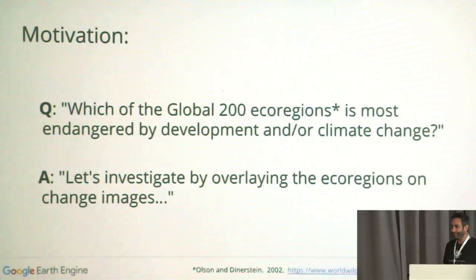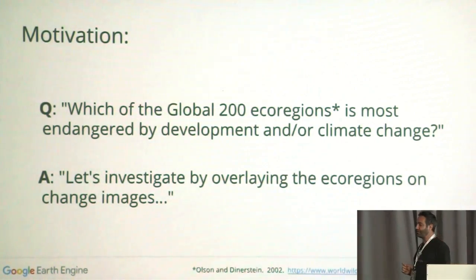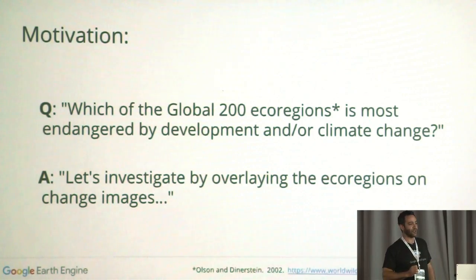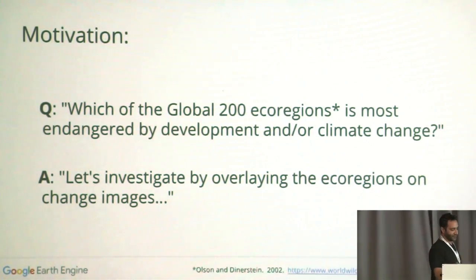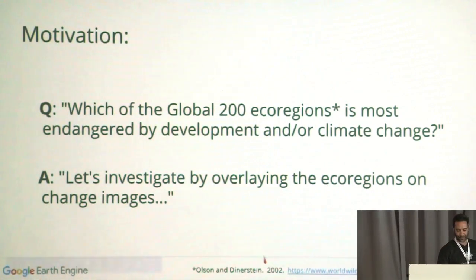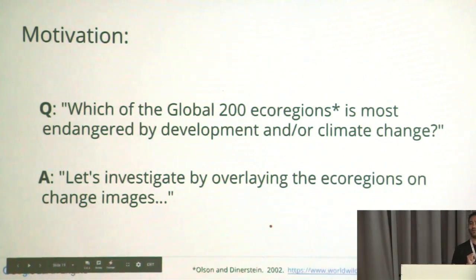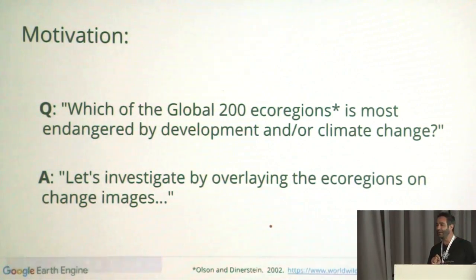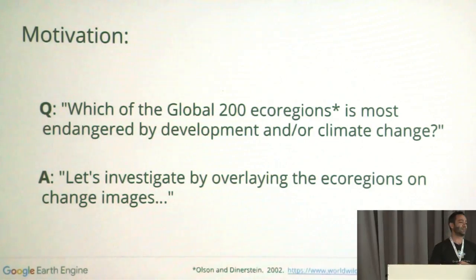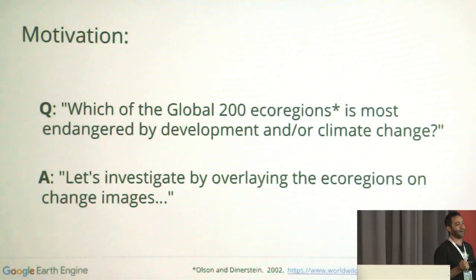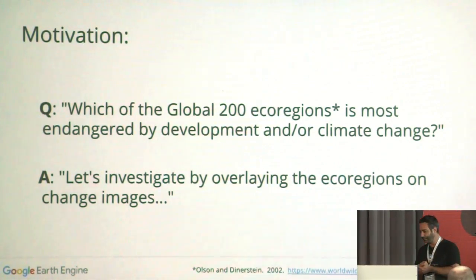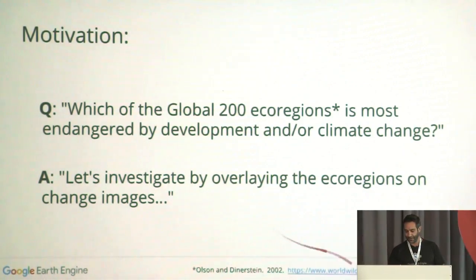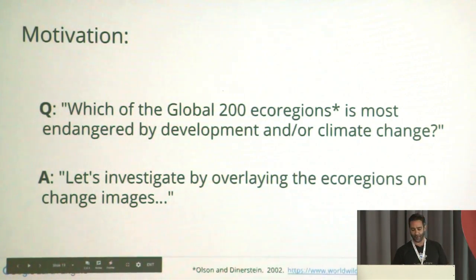The next question is about the Global 200 ecoregions, which was this interesting paper by Olson and Dinerstein, 2002. The 200 most important ecoregions in the world for various reasons. And there's this great paper that you can get to from this link, and you can also get a shapefile from that link.